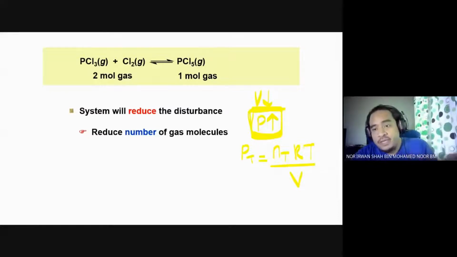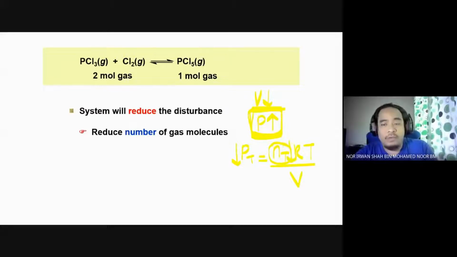Temperature can't be changed, and of course the gas constant can't either. So the only thing that the system can change in order to decrease the total pressure is the total number of moles.